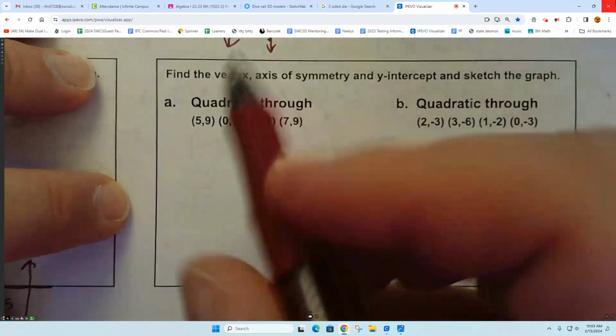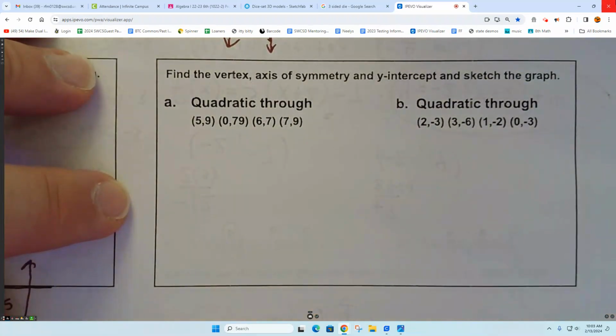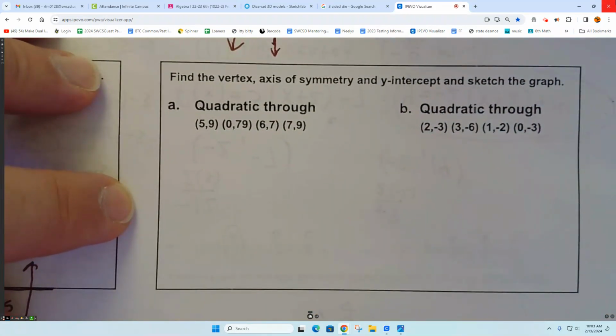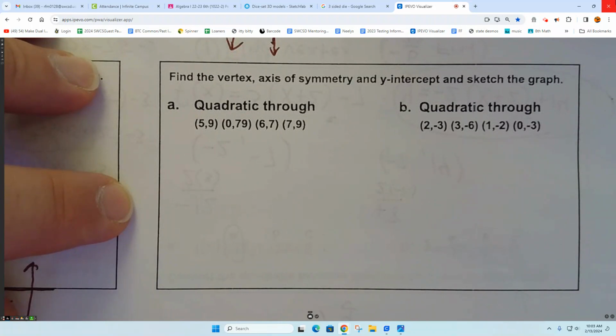Okay, yeah, the y-intercept's here. What is the most important thing of these graphs? The vertex. Which of these points is the vertex? We don't really know, but we can figure it out. What's the shape of these graphs?